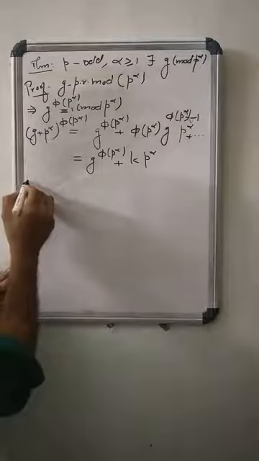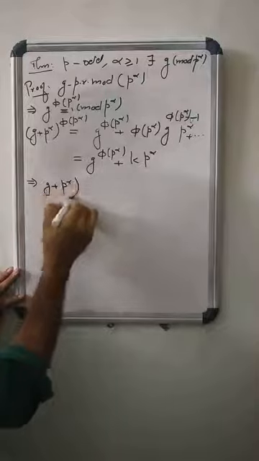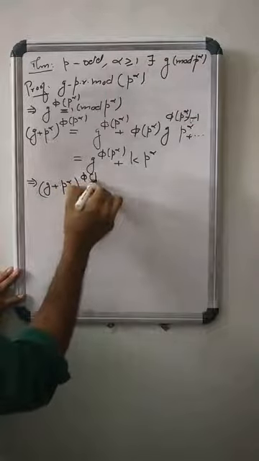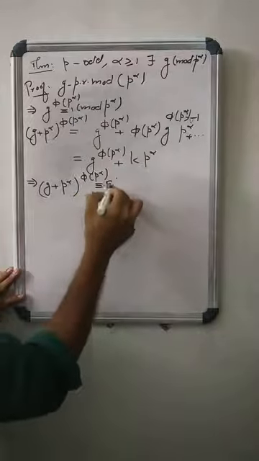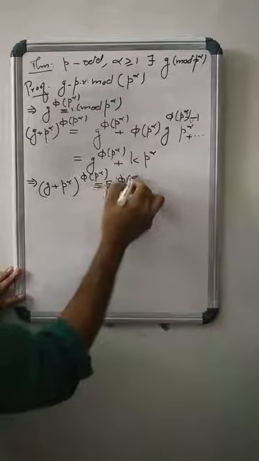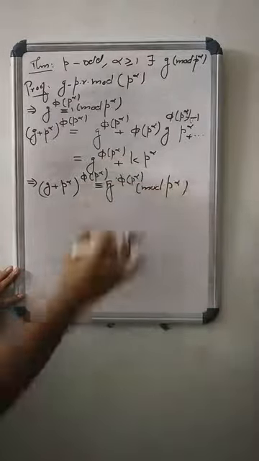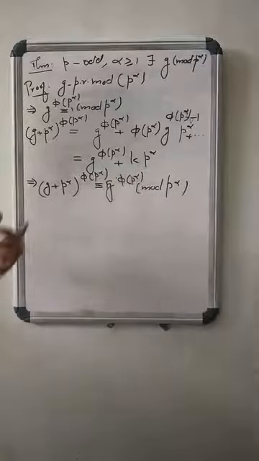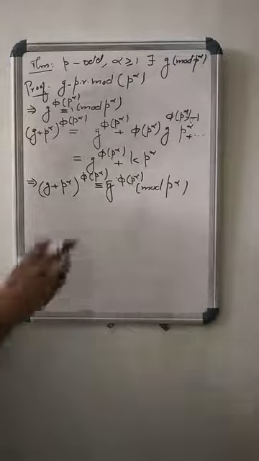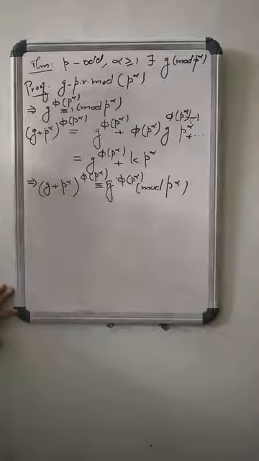That means (g + p^α)^φ(p^α) is congruent to g^φ(p^α) mod p^α, since all the terms except the first contain p^α.